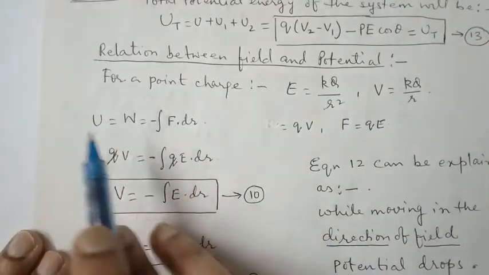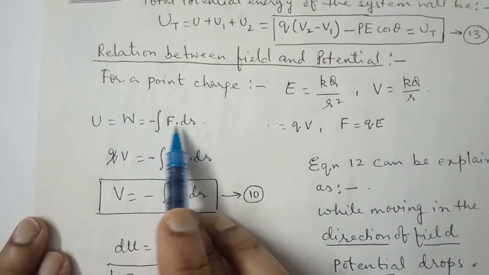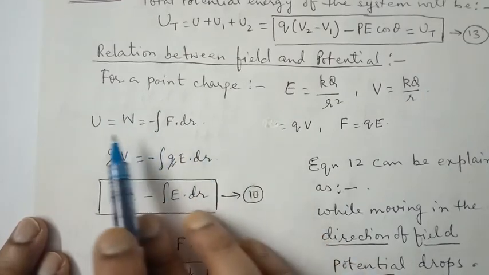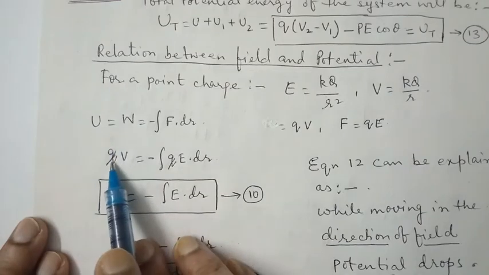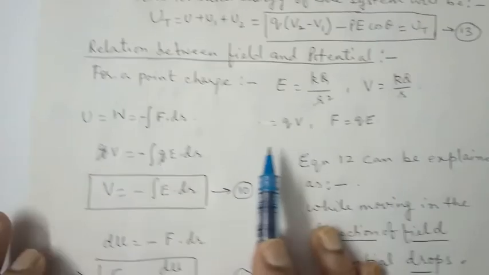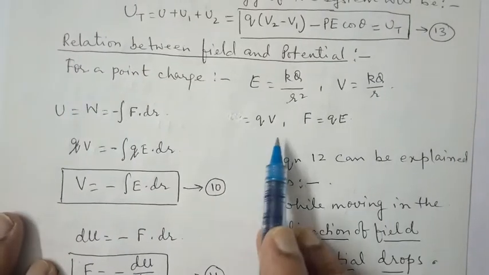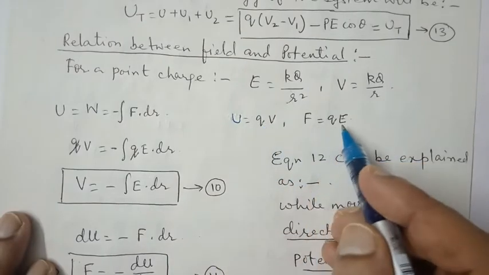We have done earlier, U is equal to W is equal to minus integral of F dot dr. Now this we have studied. Potential energy U can be given as QV, force is QE. Just for your revision, I have written over here U is equal to QV and F is equal to QE.